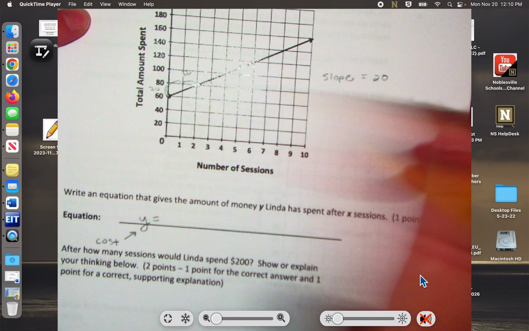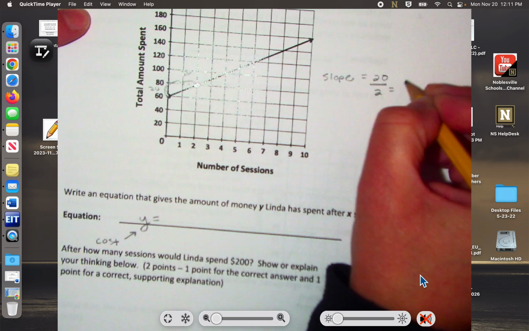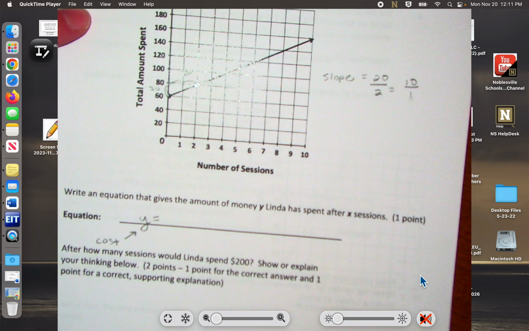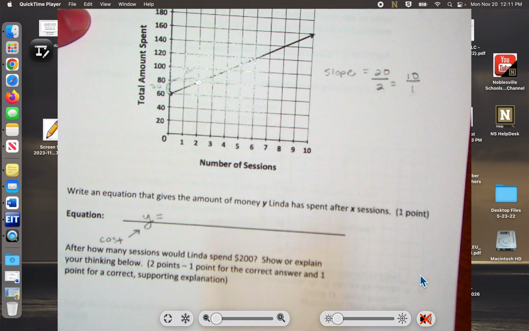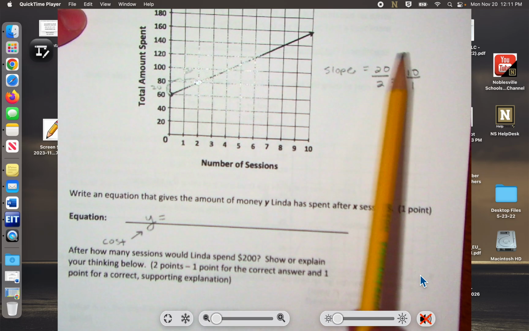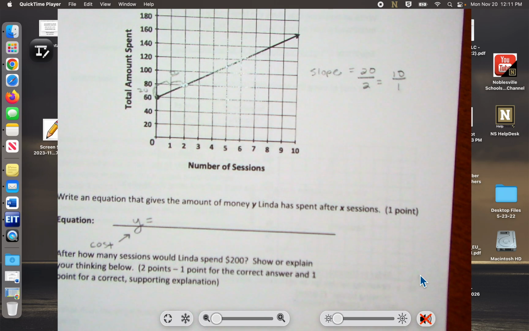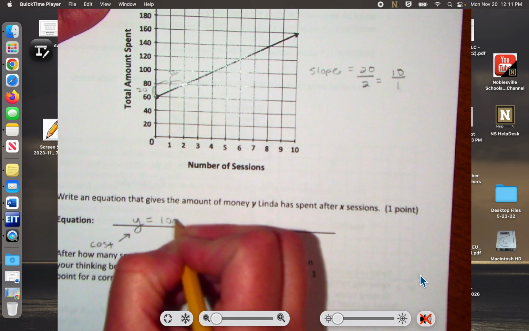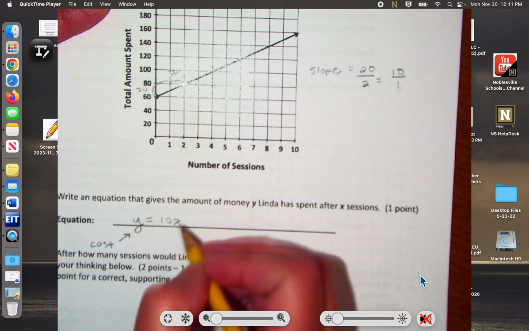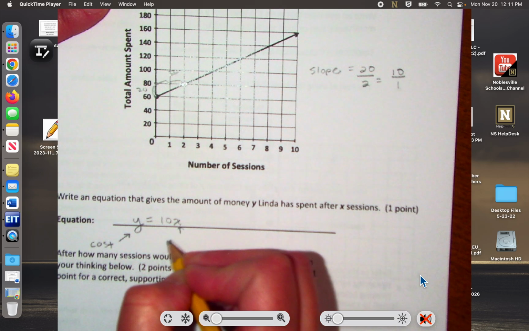So I have 20 over 2, which simplifies to 10 over 1. So what does my slope mean? How much does she actually pay per session at this Cycle Fitness Club? $10. So it's going to be 10x, $10 per session.